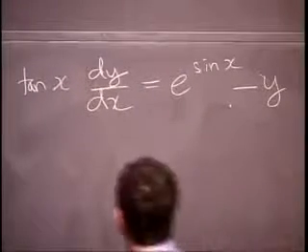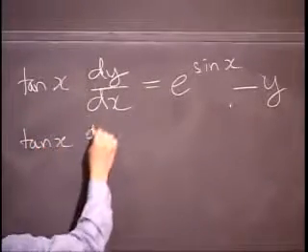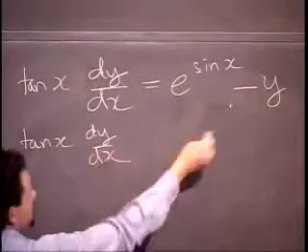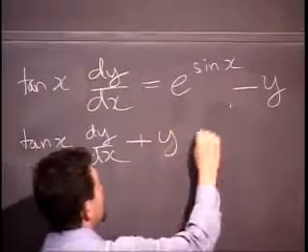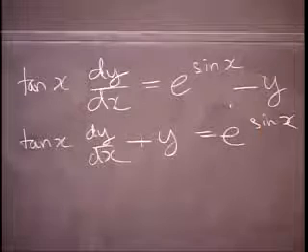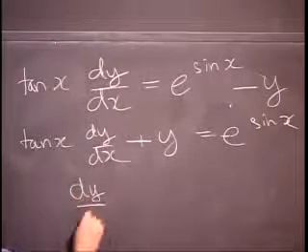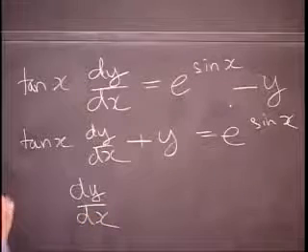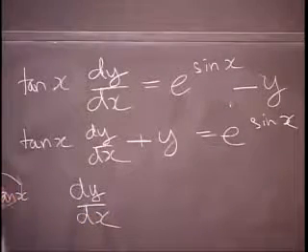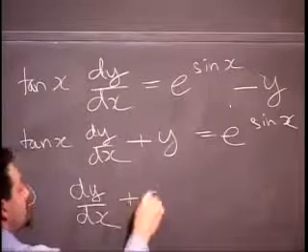I'm going to put the y on the left-hand side. So you get this. Actually, the real specification says that we need to make dy dx by itself. So we'll have to divide by tan x. Actually, the better way to do that is to multiply by cotangent.